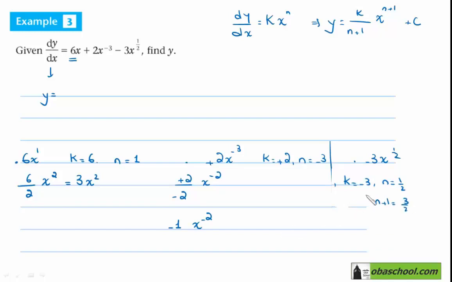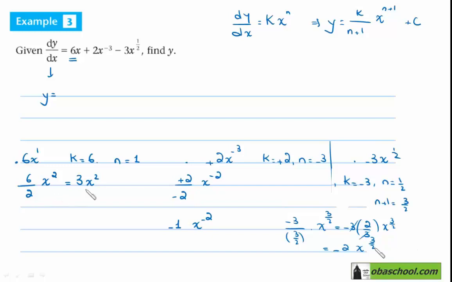Substituting these in the formula, the integration of minus 3x to the power half is minus 3 over 3 over 2, multiplied by x to the power 3 over 2. This is equal to minus 3 multiplied by 2 over 3 times x to the power 3 over 2. This is going to be minus 2x to the power 3 over 2.